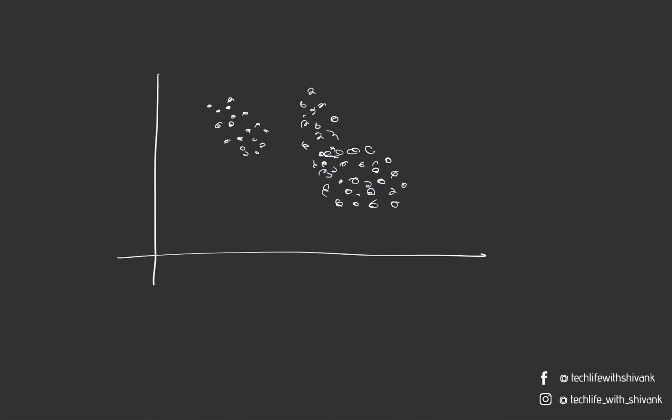So let's see a quick example. Let's say we have data something like this. If we visualize this data, we can identify that it can be broken down into three normal distributions.